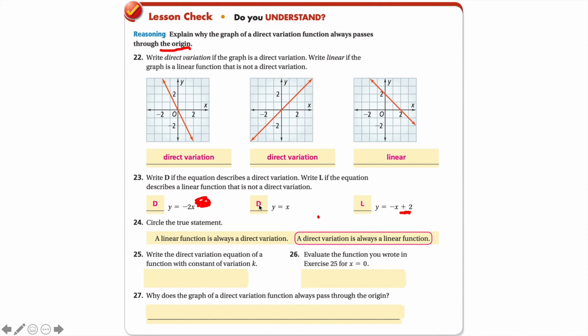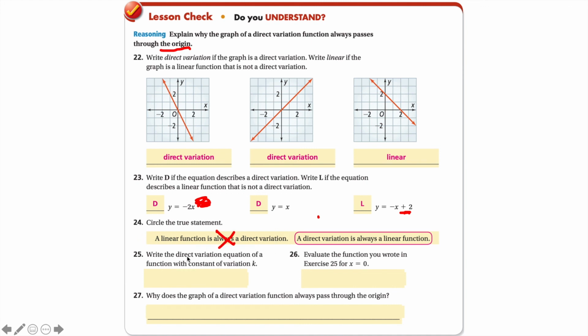No matter what, this can be written as a linear function because it creates a line. It's a linear function on a graph. It just has a special name because it happens to pass through the origin. Whereas a linear function that doesn't pass through the origin will never be considered a direct variation. And that is why we can't say the beginning portion is true.